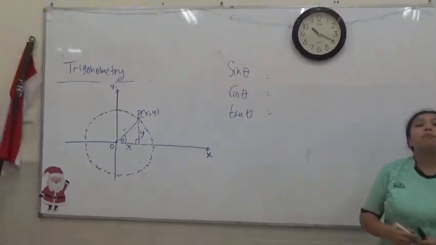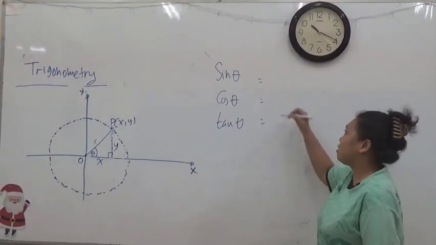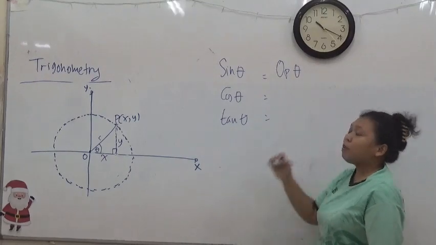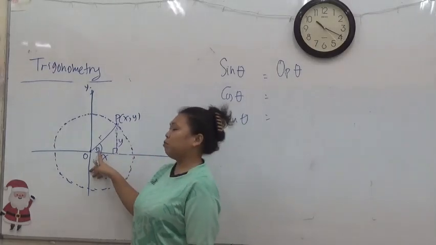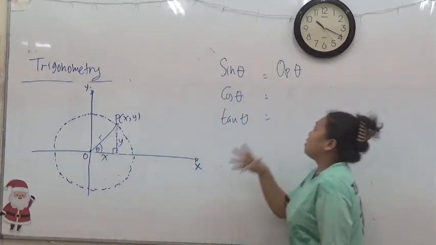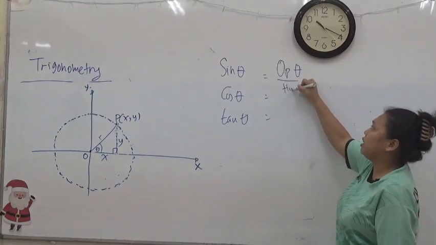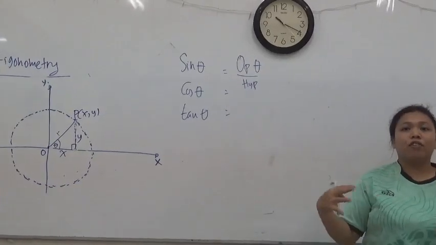The formula of sine theta is the side opposite to your angle theta, which is given as what I already put here. This is my theta. So sine theta is the ratio between the side opposite to theta and the hypotenuse. What is the hypotenuse? The hypotenuse is the longest side of your triangle.